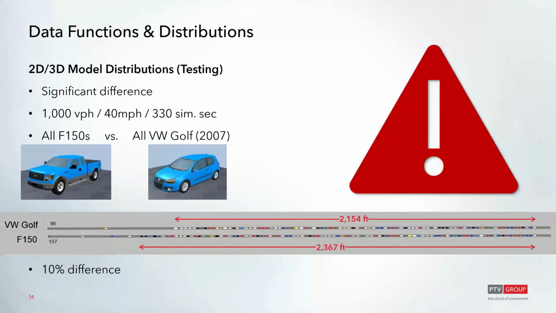At the very end of this link, we had a stop sign placed down. After about 330 seconds, there was about a 10% difference in the queues that were formed, just based on vehicle space. So again, it's really important to make sure that you are using relevant vehicle models within the network so that you can get accurate queuing data.